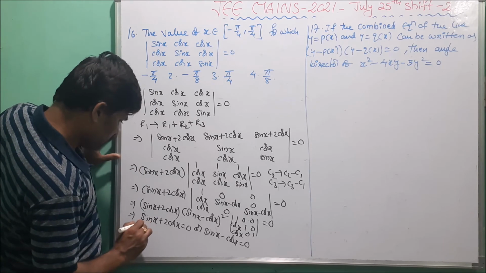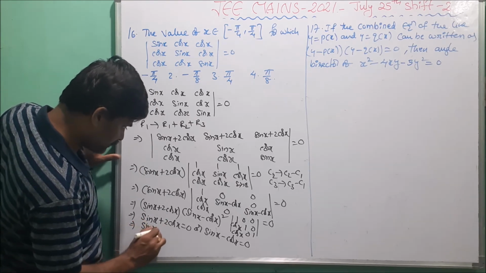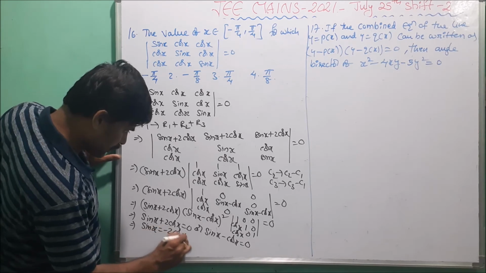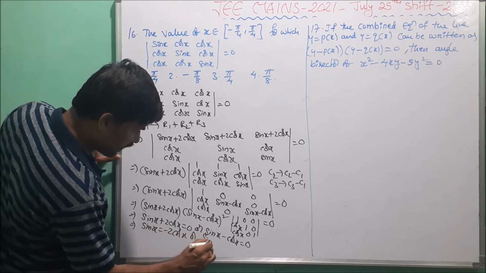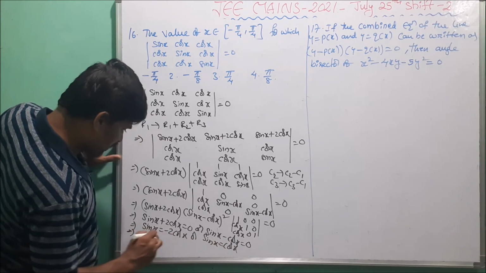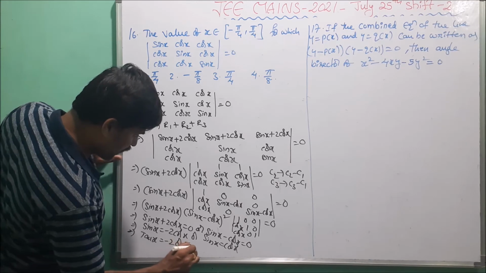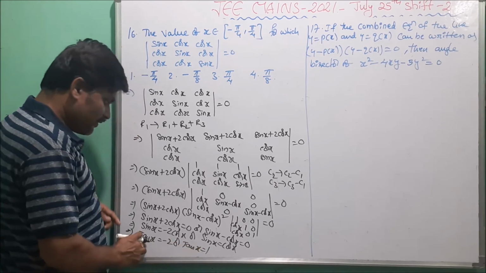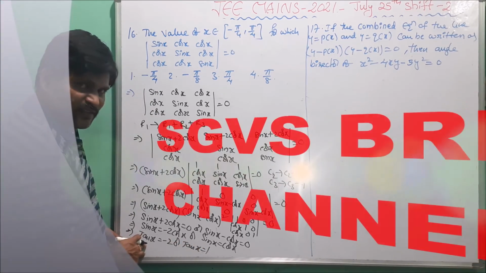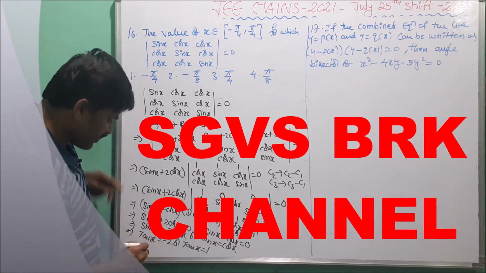From this one sin x equal to minus 2 cos x, or here we write sin x equal to cos x. From this one, sin by cos, tan x equal to minus 2 or tan x equal to 1. Here the range of tan x is 0 to infinity. Now this is a negative value, which is not possible.